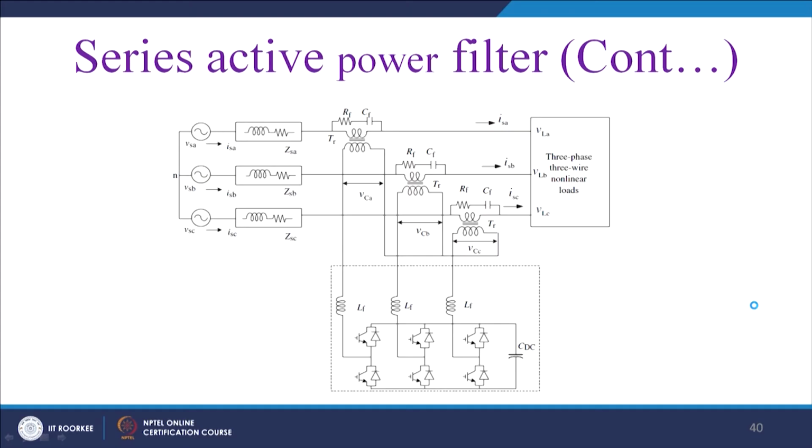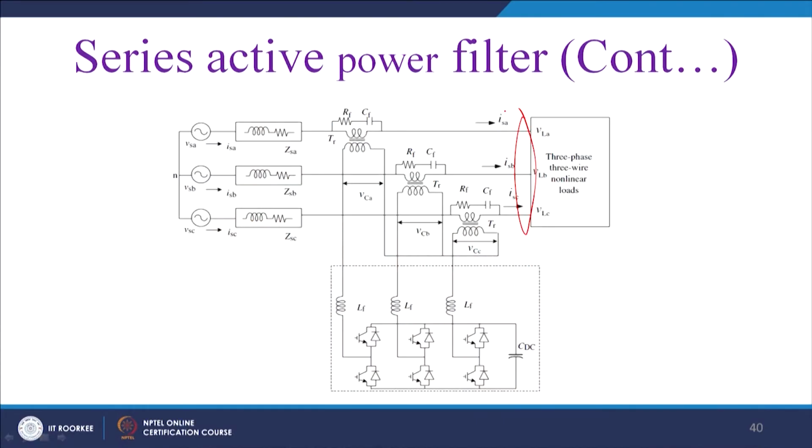Now, let us see an example of the series active power filter. Sometimes it is called a DVR also. A DVR can essentially mitigate the sag, that is, it acts as a voltage regulator. If there is a voltage sag, generally what it will do is inject the voltage in phase, and thus the voltage sag can be mitigated, but then we have to supply power from somewhere.